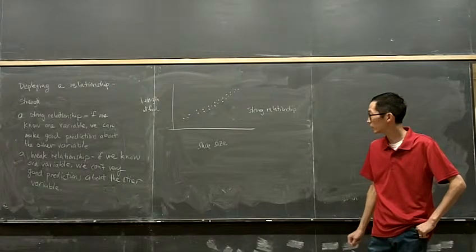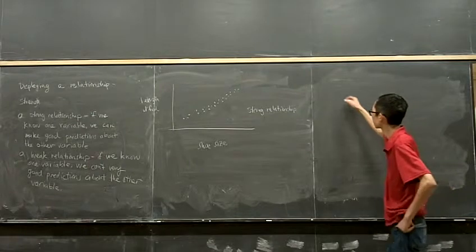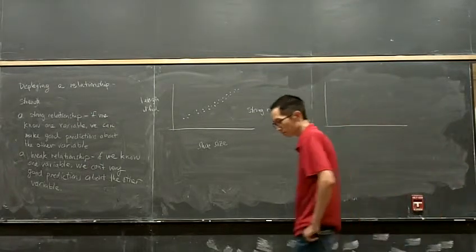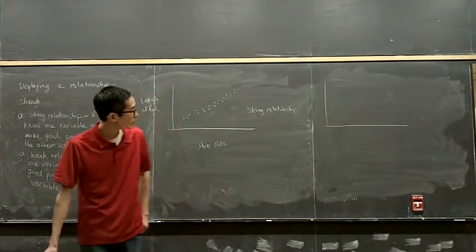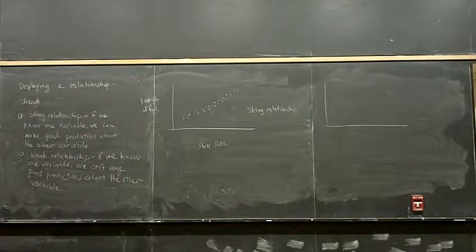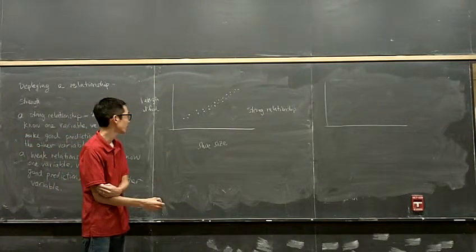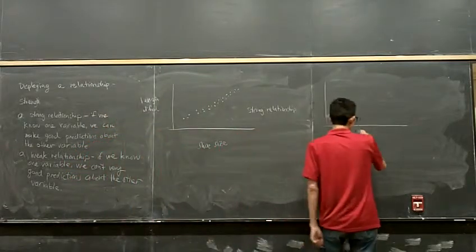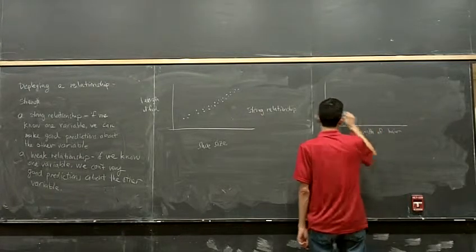But on the other hand, what might not be as good? Let's say if we looked at the length of someone's hair and the length of their foot. Okay, so we'll say length of hair versus length of foot.